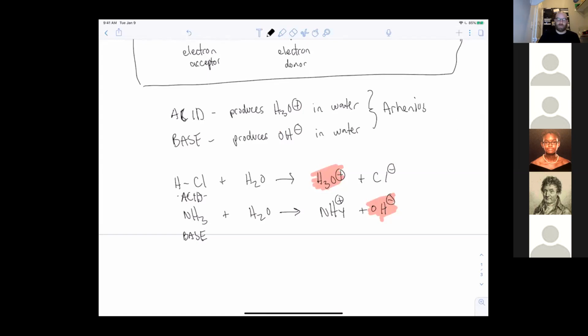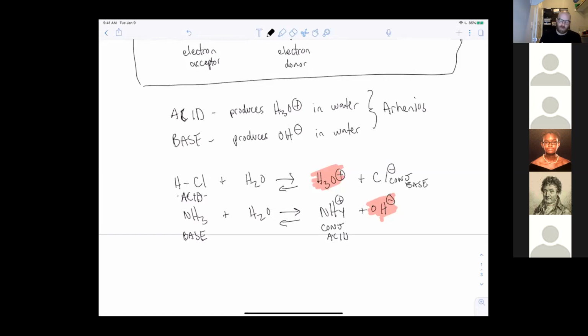One thing that's interesting about this example is, first of all, your conjugate base would be this, and here your conjugate acid would be this. And if I were being better about my arrows, I would draw them in both directions.